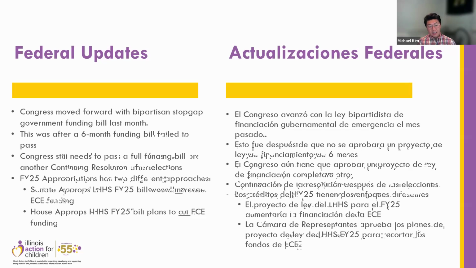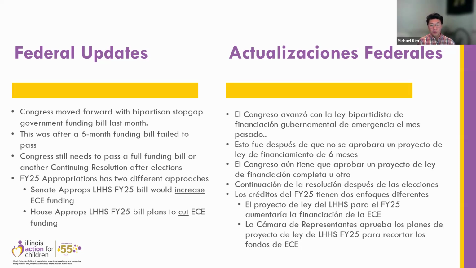In contrast, the House Labor, Health, and Human Services and Education appropriation bill, which is a little bit more of a mouthful, will cut childcare program funding by $3.7 billion from its FY24 level. This means there will be only a very moderate increase to the CCDBG and Head Start programs in the House Labor HHS bill.